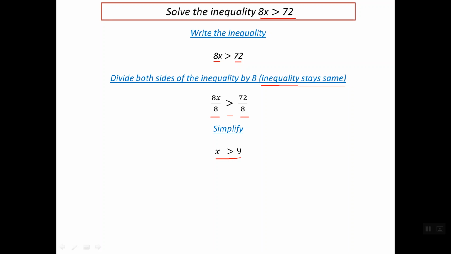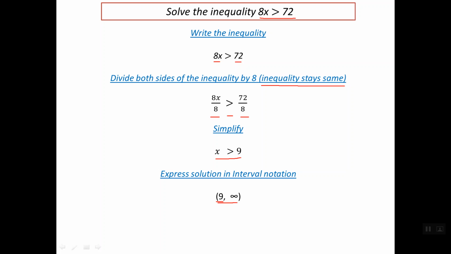Any value of the variable x which is greater than 9 is part of the solution of the above inequality. Simply, we can express the solution in interval notation. The interval of the solution starts from 9 toward positive infinity. See that 9 is not part of the solution.